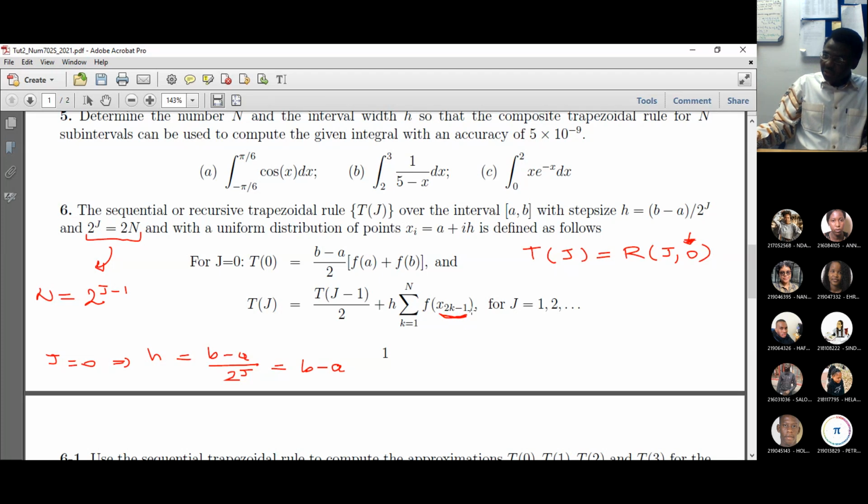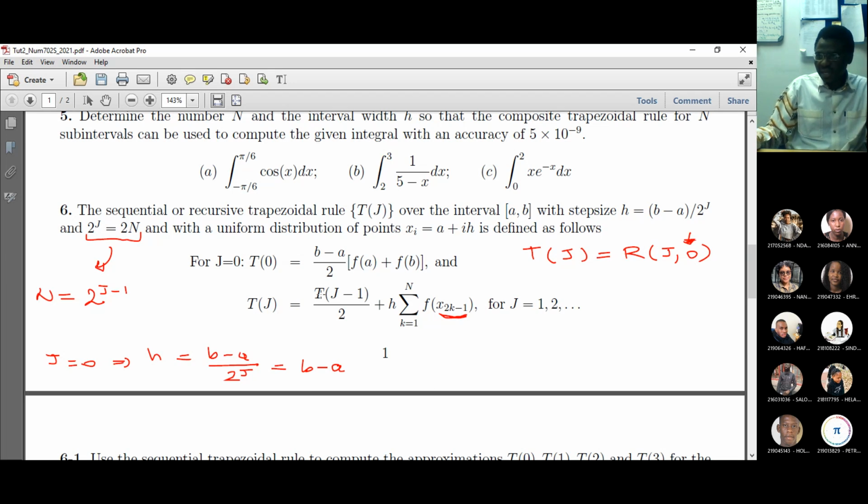Right. Okay, now here you can see that what we have written here, this is odd, right? 2k minus 1 is odd. We take odd subscripts, and that is true for all values of j. We are not taking all these x sub something, but we take odd ones, right here. Odd subscripts. Okay, so this is like our R here.